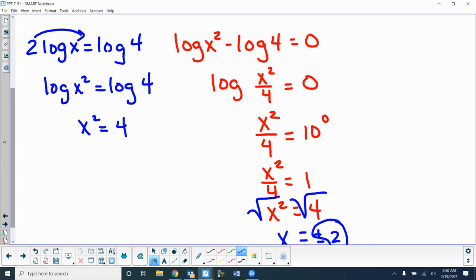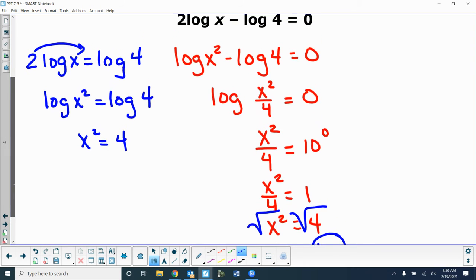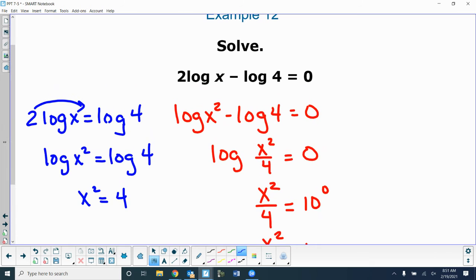Maybe it might be easier if you have multiple logs on this side and a 0 on that side. You could put a log on each side, then you can just drop the logs and say whatever the numbers are equal. Either way, you're gonna get 2.